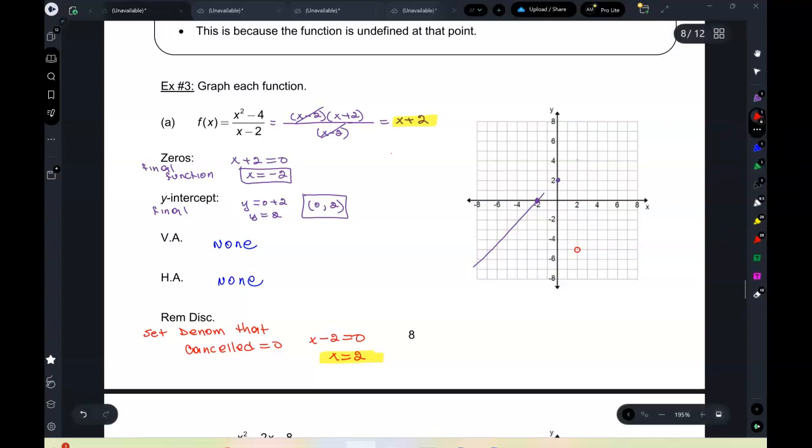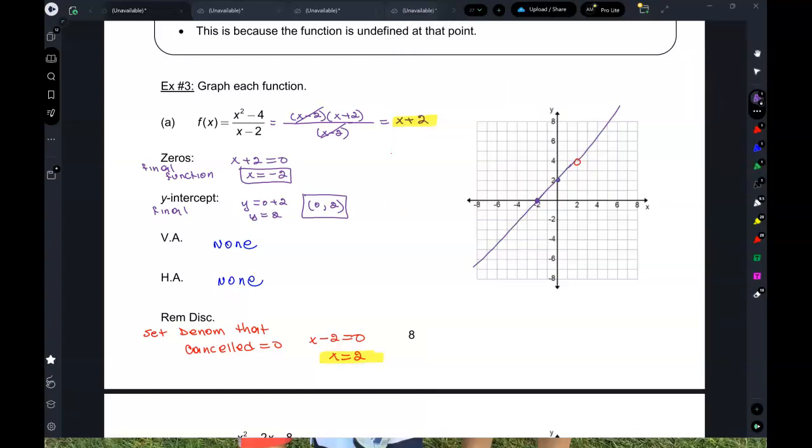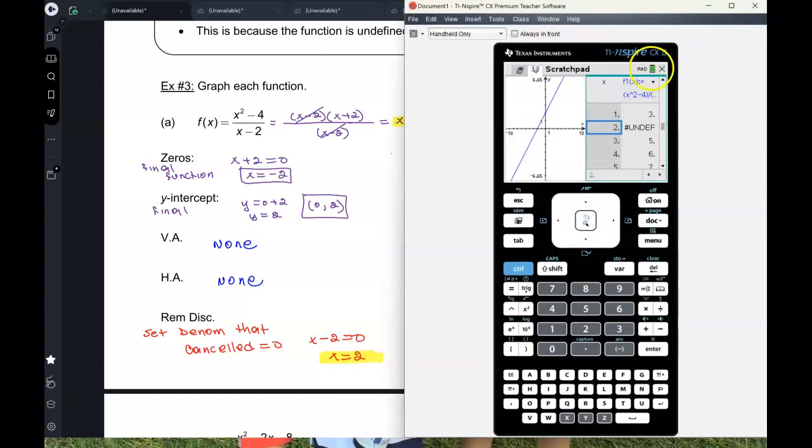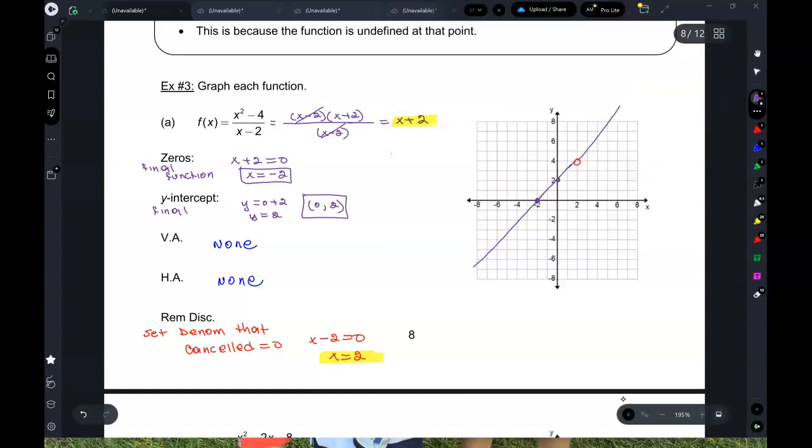So in reality, as you can see here on the graph, do you see a hole in there? You don't, because it's so tiny. However, that's how it is in real life, because it's only at x equals 2.